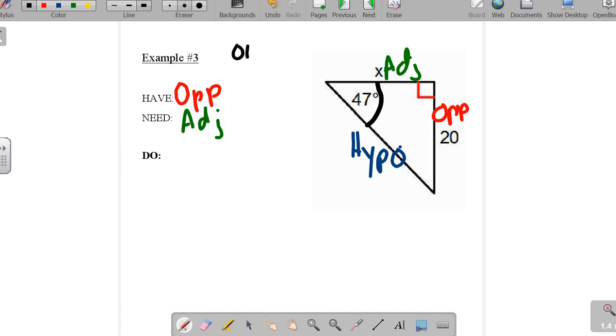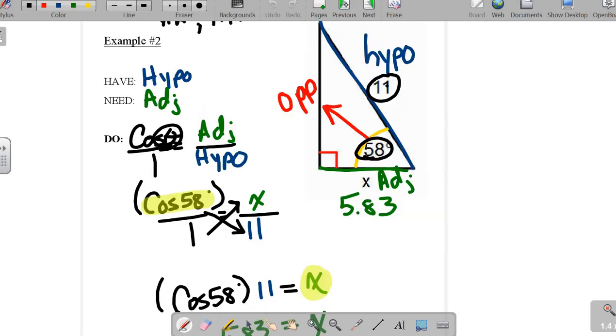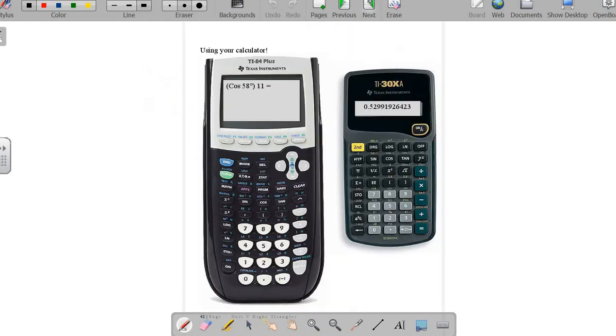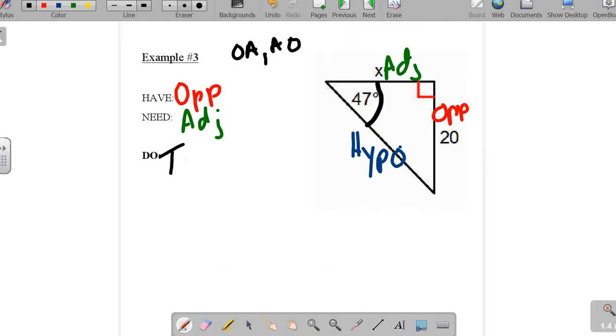So we ask ourselves, what goes with OA or AO? It doesn't matter the order there. What does matter is what that letter combo is. If you go back here, what goes with OA is tangent, and you write it exactly like this. Tangent of theta over 1 equals opposite, always on top regardless, over adjacent.